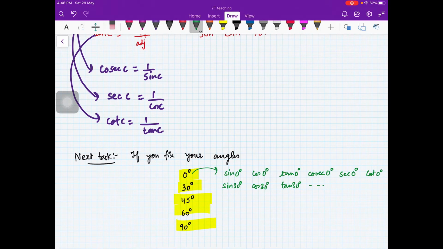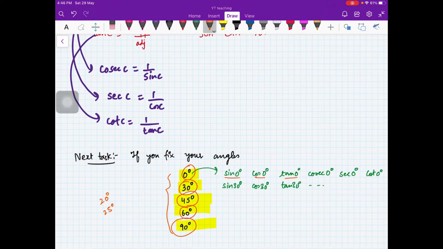So why are we just fixing these angles, not any other angles? Why are we not computing for 20 degree or say 25 degree? The reason is that for these particular angles, computing sine, cos, tan is geometrically easy, that you will get some information so that you can finally get the values of the trigonometric ratios.